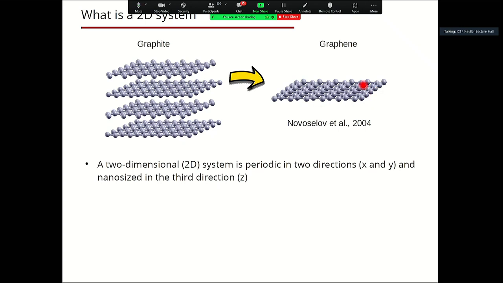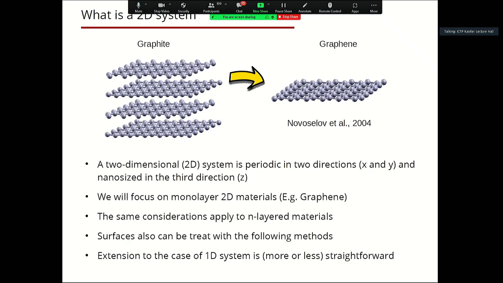We have that the two-dimensional system is periodic in two directions, for example, x and y, while it is nano-sized in the third direction, which is not periodic. In this presentation, we are going to focus on monolayer materials, but the same reasoning holds also for n-layered materials, and also surfaces which are not periodic in one direction can be treated with the same scheme.